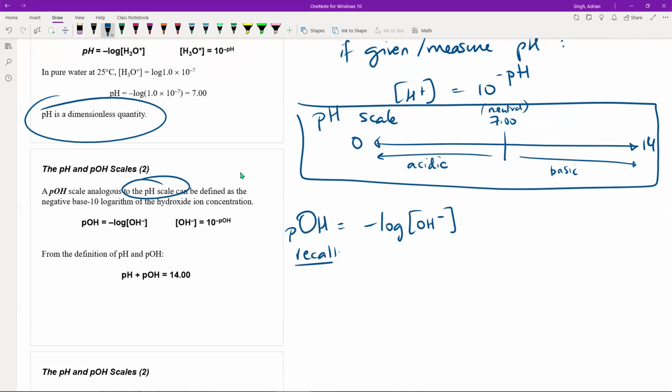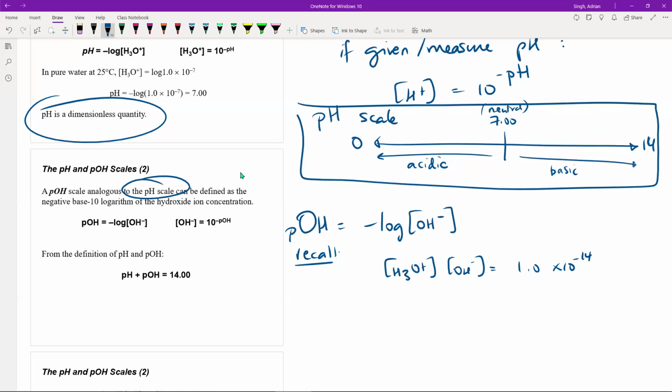So we recall that the H3O plus concentration times the OH minus concentration was equal to 1.0 times 10 to the negative 14, right? That was the ion product constant for water.